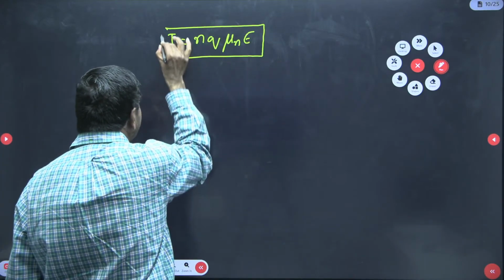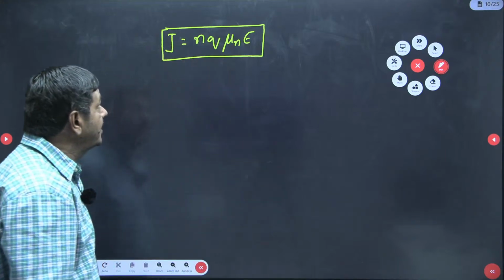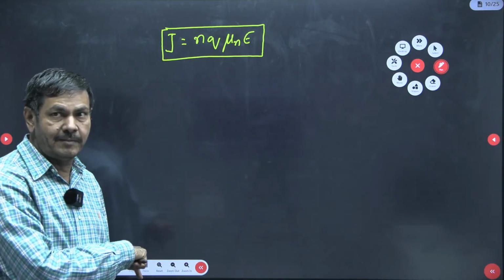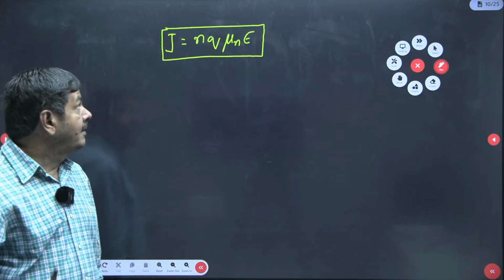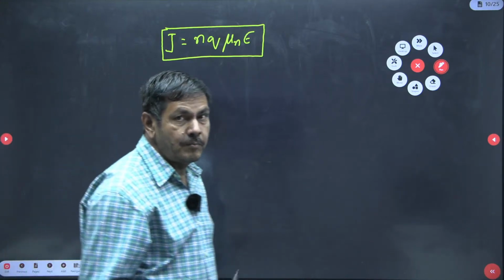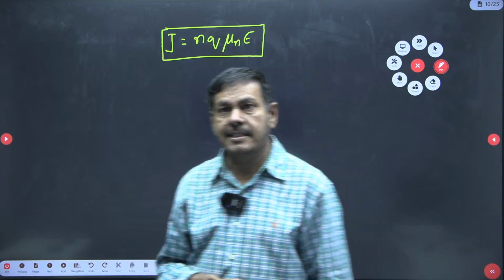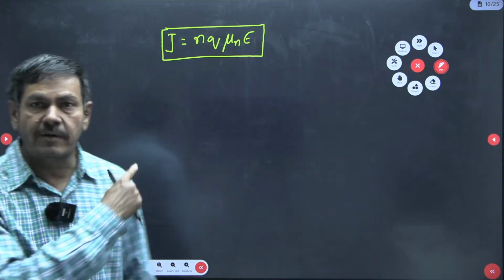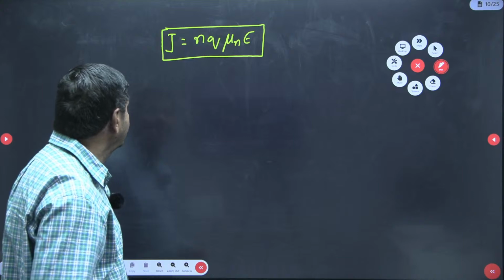Suppose in a problem directly velocity and concentration are given, use the previous formula. If concentration, mobility and electric field intensity are given, we need to use this formula to find out the current density.